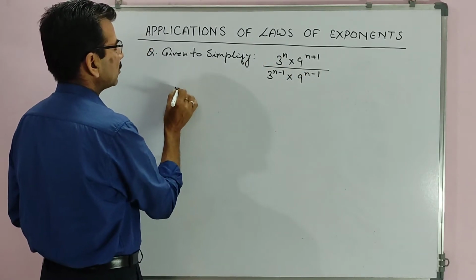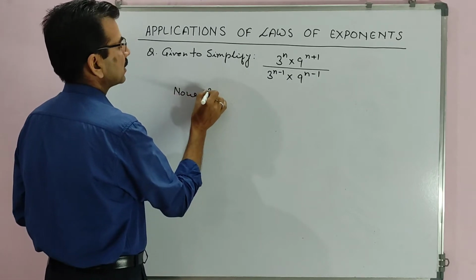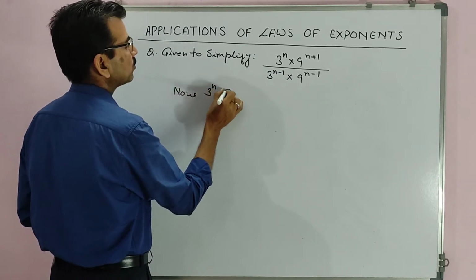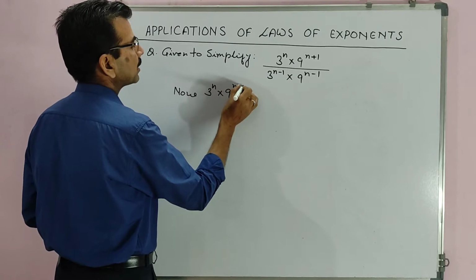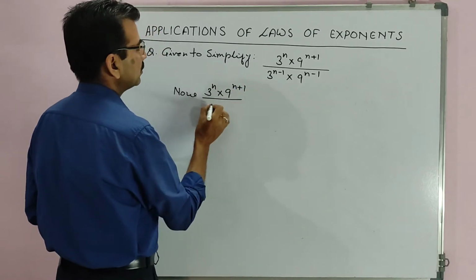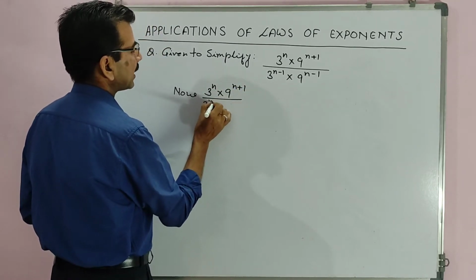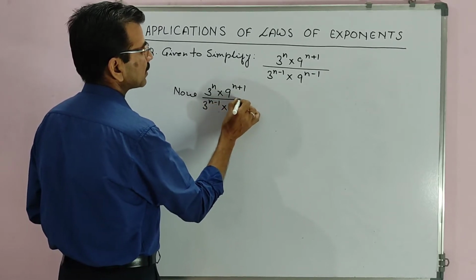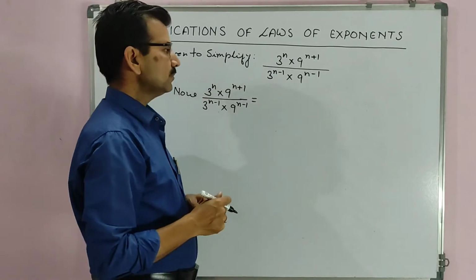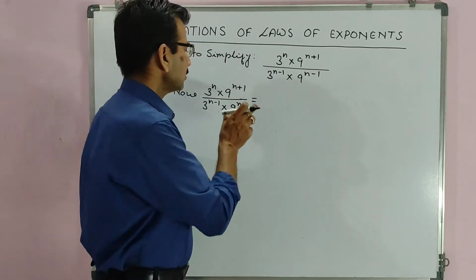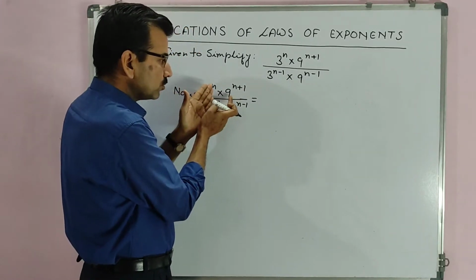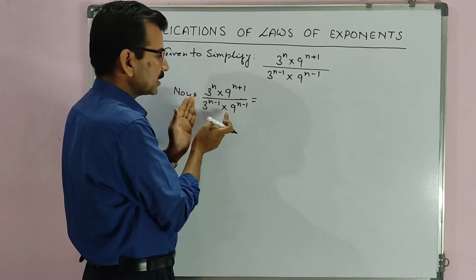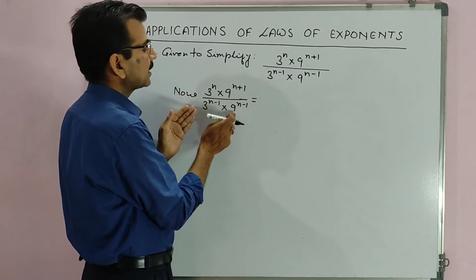So we write now 3 raised to power n into 9 raised to power n plus 1, upon 3 raised to power n minus 1 into 9 raised to power n minus 1. This is the given question. Here 3 is the base, here 9 is the base.